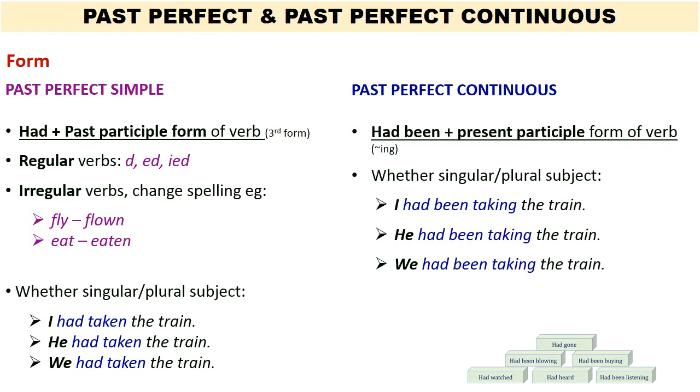Again, whether or not the subject is singular, we use had been for all of them. For example, I had been taking the train. He had been taking the train. We had been taking the train.